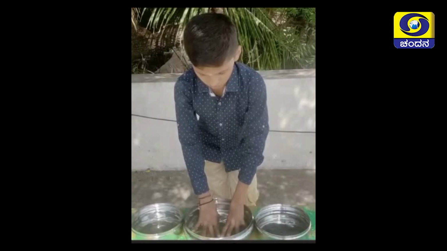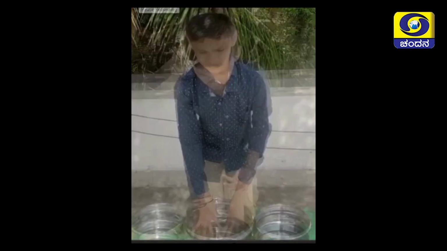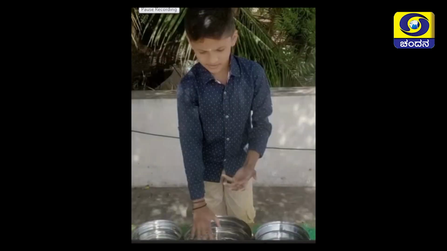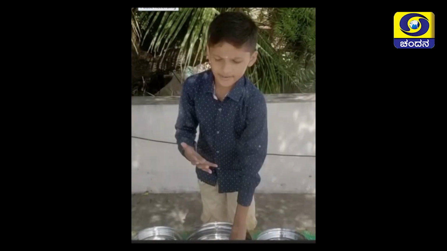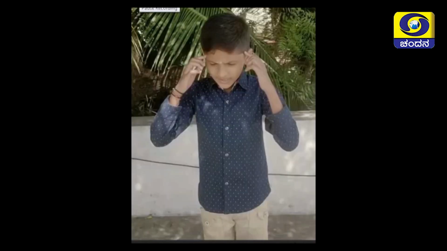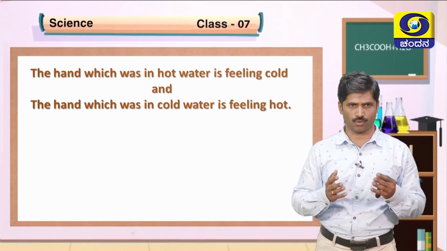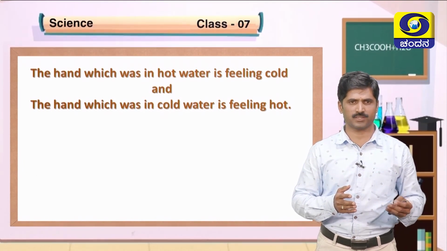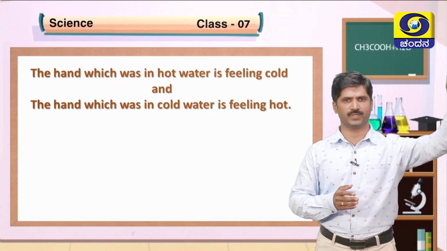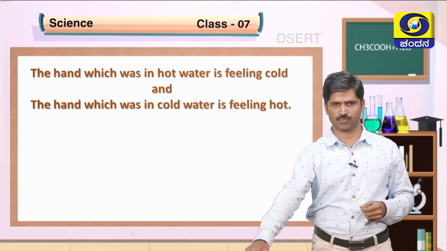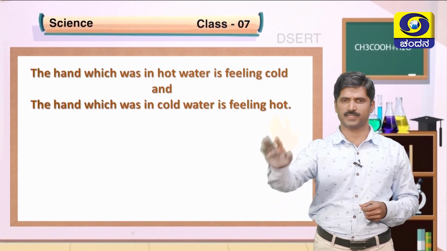Bhujo says that now his left hand is feeling cold and his right hand is feeling hot. Now he gets confused whether the water is really hot or cold. Bhujo got confused because the hand which was in hot water is now feeling cold, and the hand which was in cold water is now feeling hot.